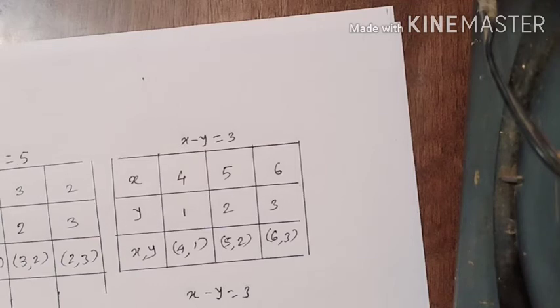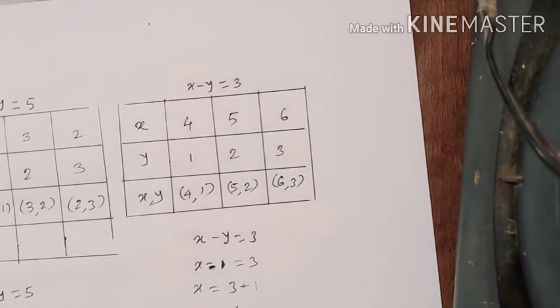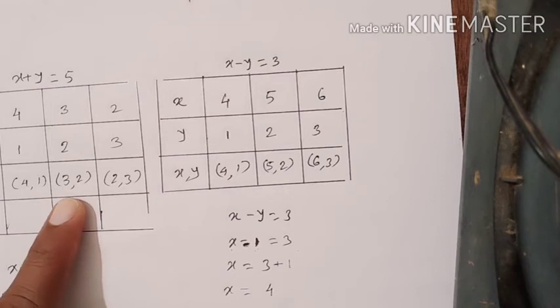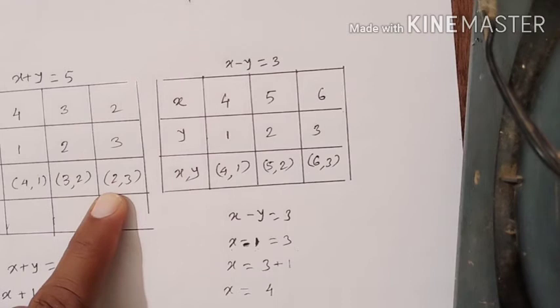Now see the boxes and we have to plot the points on the graph. Already you have drawn the graphs and the points of the first boxes are here. See, 4 comma 1, the second point is 3 comma 2 and the third point is 2 comma 3.